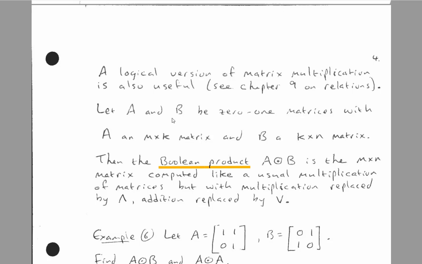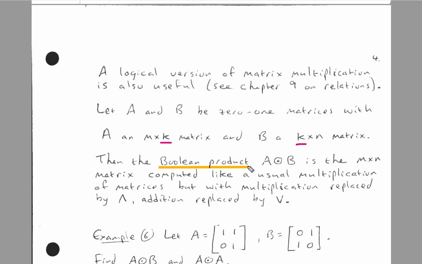Just to see how it works here, let A and B be 2 0-1 matrices. Let's say A is an M by K matrix, B is a K by N matrix. So we need the number of columns here to match the number of rows here, just like in matrix multiplication.